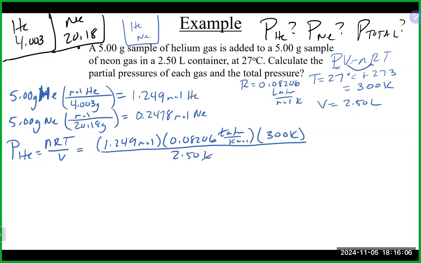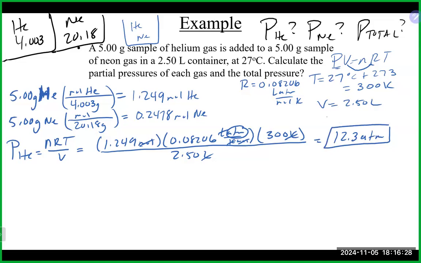Liters will cancel, Kelvin will cancel, and moles will cancel, leaving atmospheres as the only unit. It's 1.249 times 0.08206 times 300 divided by 2.5. Looks like 12.3 atmospheres.